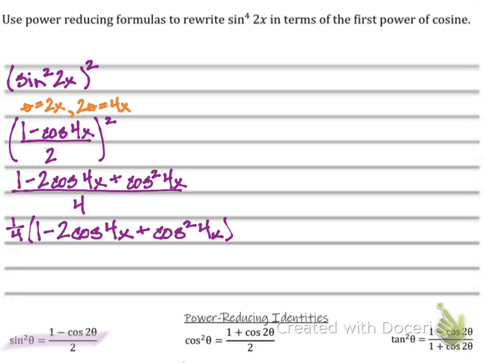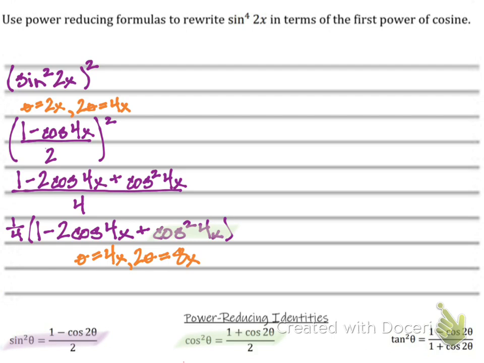So now we need to reduce this guy, right? And so for him, we're going to use this. But let's look at theta. Right now, theta is 4x, so 2 theta will be 8x, right? This theta is 4x. So 2 times 4x, 2 theta, is 8x, because we need 2 theta for our formula.